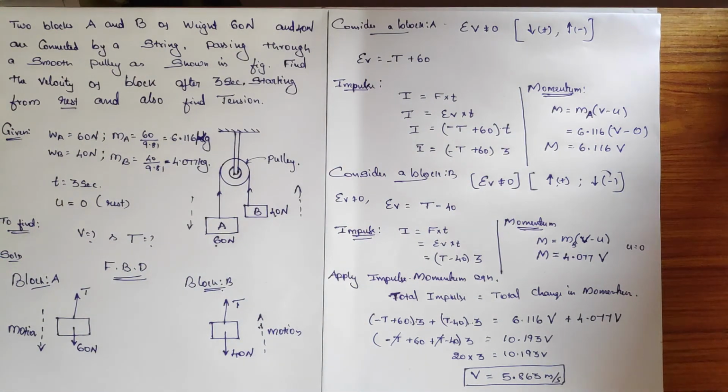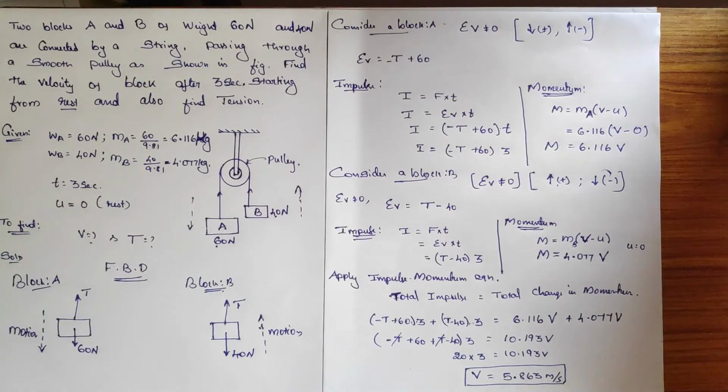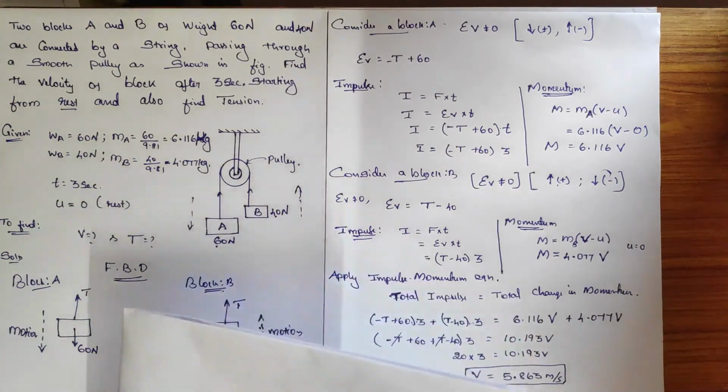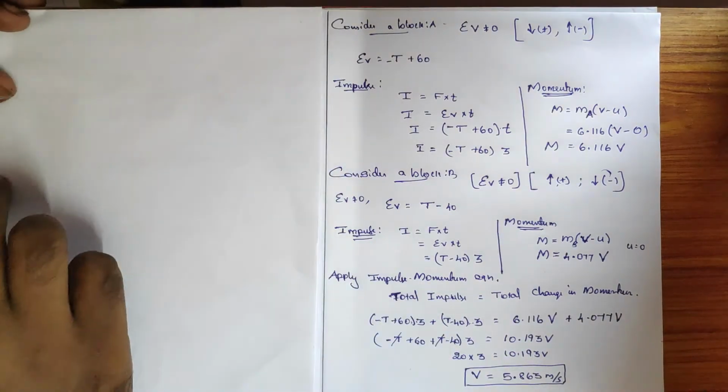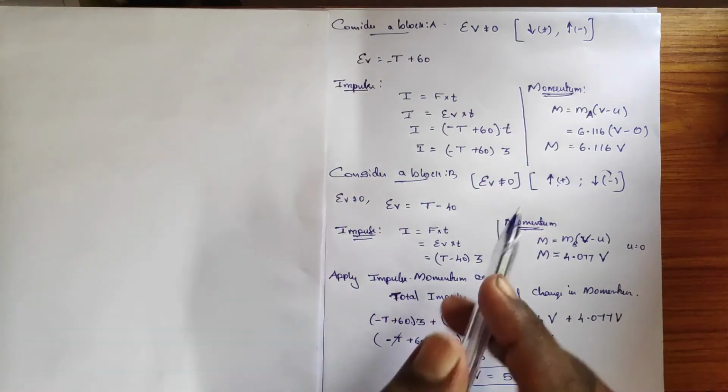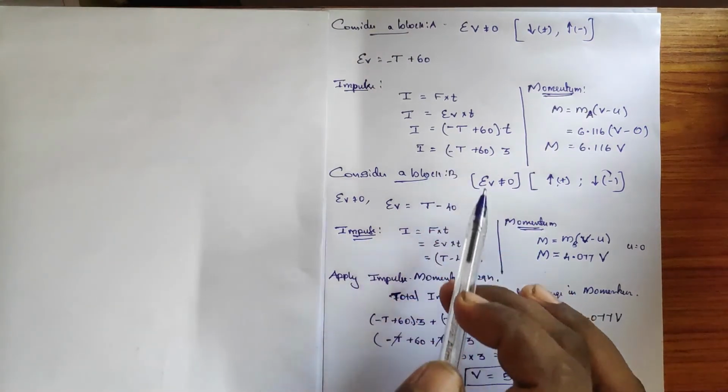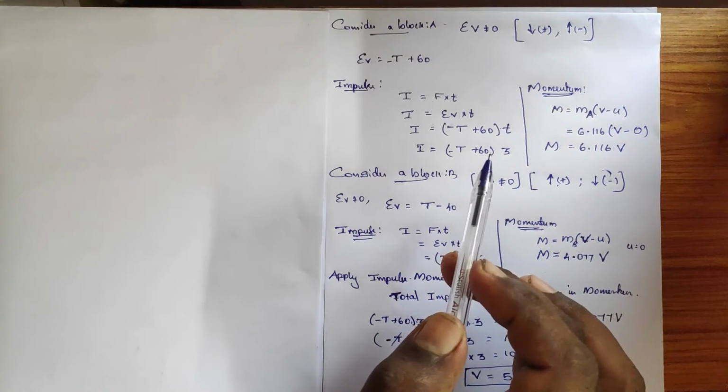The next thing, we need to find the tension force T. In order to identify the tension force, what we can do is consider any one of the impulse momentum equations.